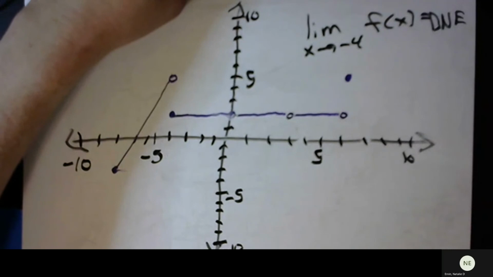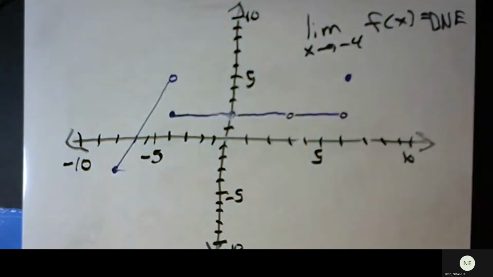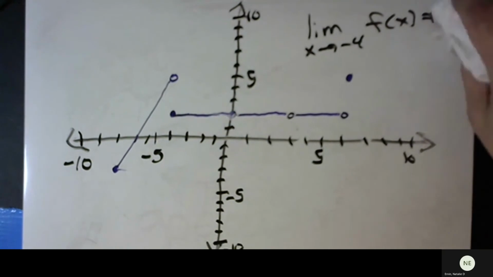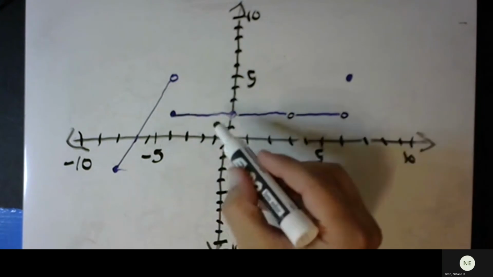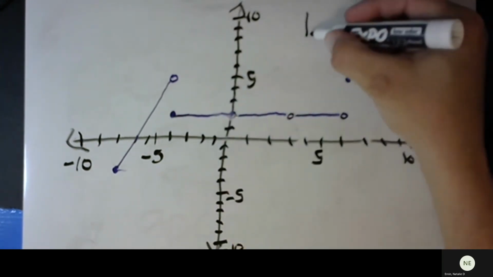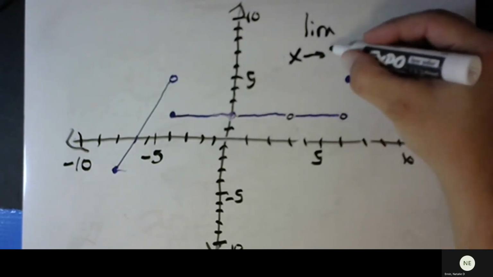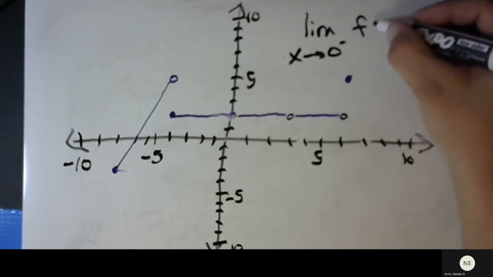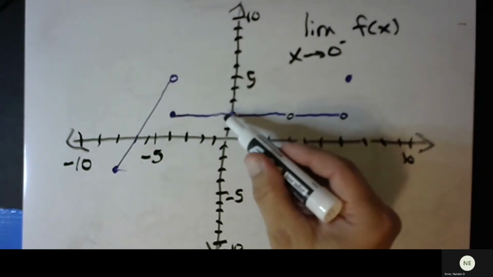Now let's see. I'm going to take a look at this other one. Now, for 0, if we approach from the left, well, the value of our function is 2.